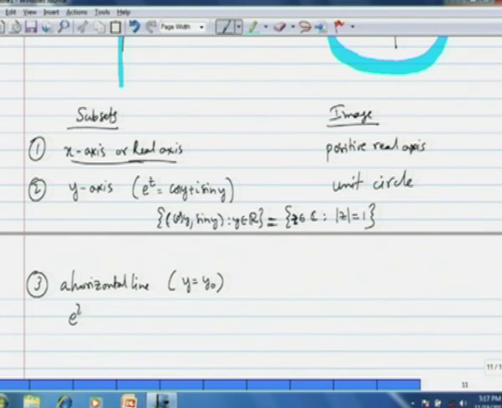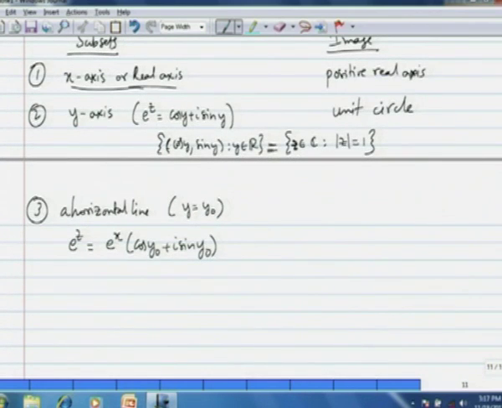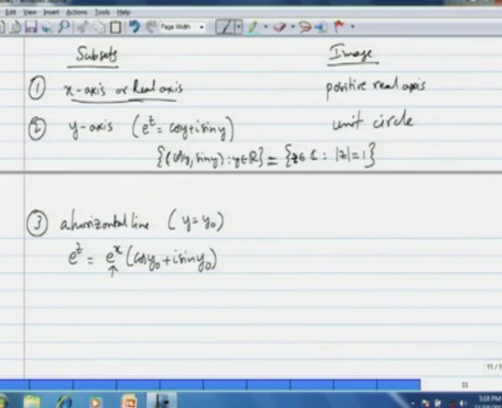So, e power z will look like e power x times (cosine y naught plus i sin y naught). Okay. So, x varies, x assumes all the real numbers, e power x takes all the positive real values, and cosine y naught plus i sin y naught essentially determines the direction in which the positive real numbers proceed.